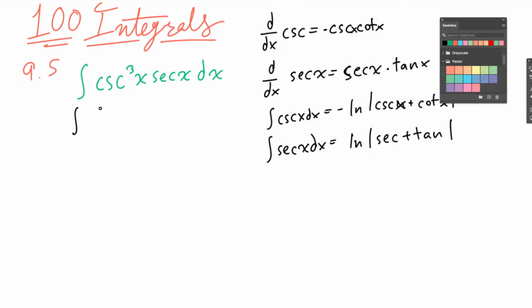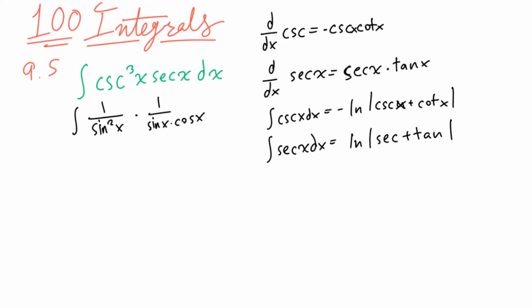This is also equal to 1 over sine squared. Now what is sine times cosine equal to? There has to be a formula for this. And there is, the double angle formula.